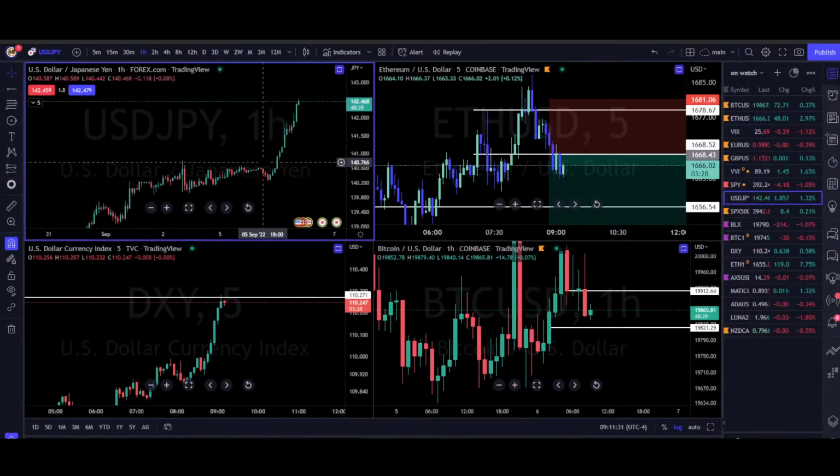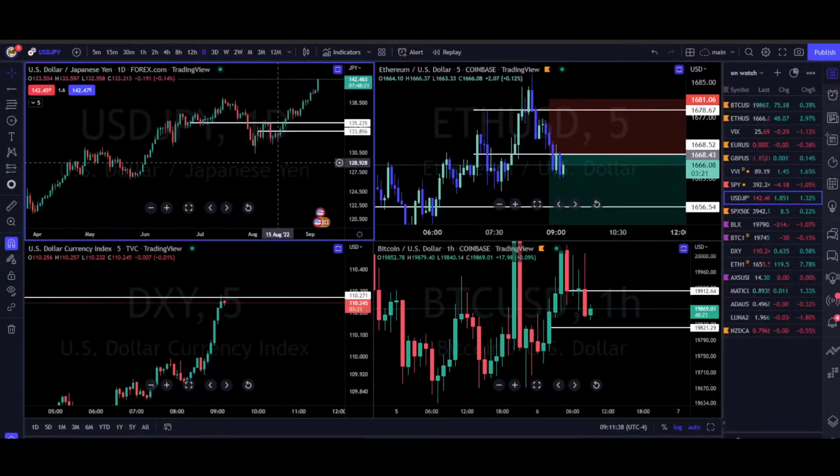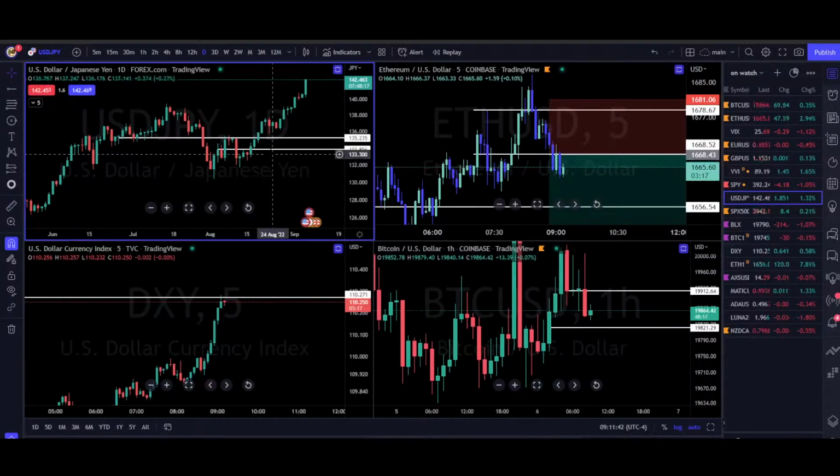USD JPY cooking to the upside. Jesus. We were looking for that long down here, but we just didn't get it.